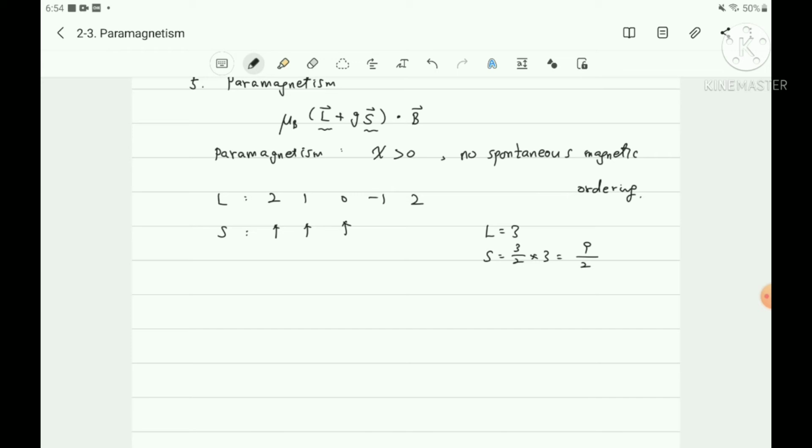Here, for zero magnetic field, without applying a magnetic field, spins point in random directions.